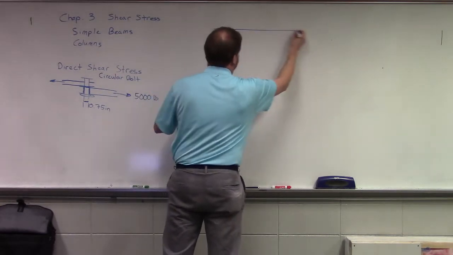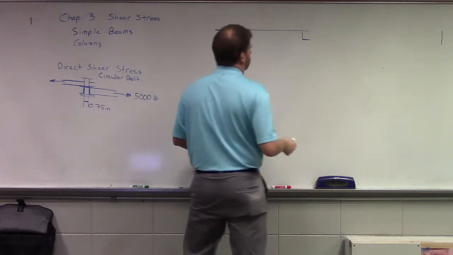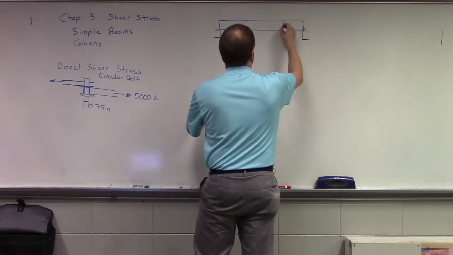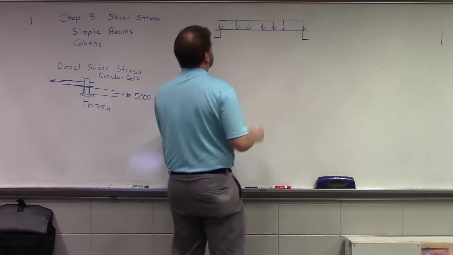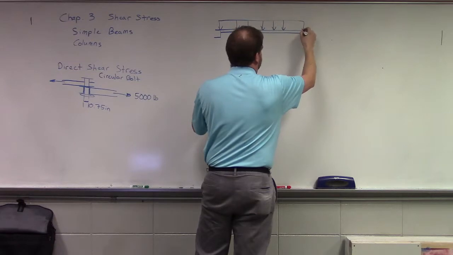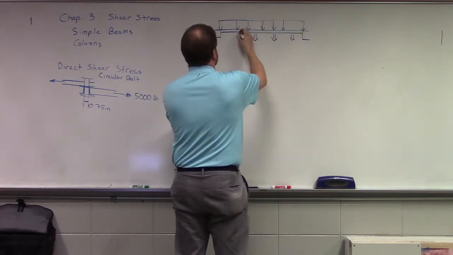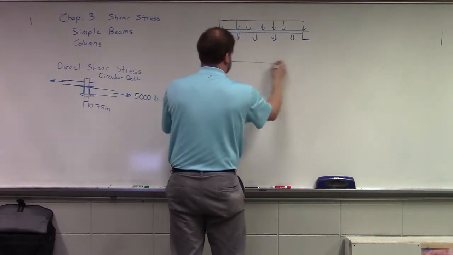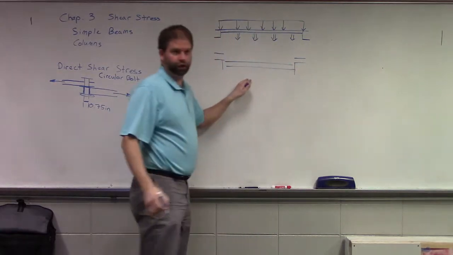Okay, so if we have our beam supported over a span and we have a uniformly distributed load, if our beam were to fail and the entire beam to move down, so we get this case, this is vertical shear, okay?